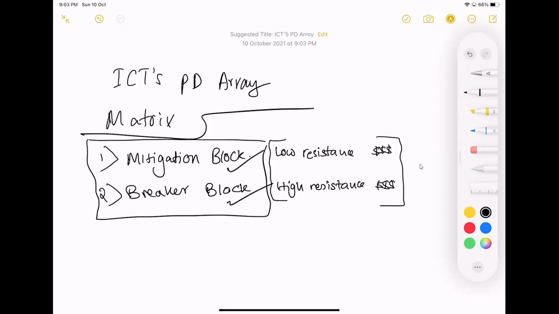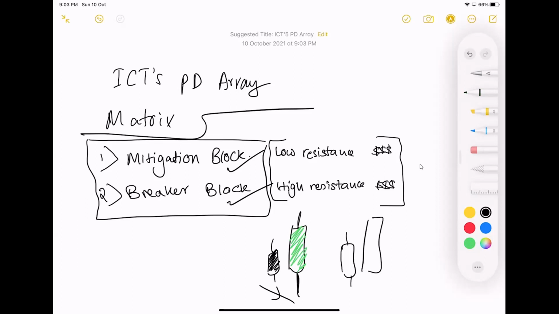What I'm saying is, it will either look like this: you have your down close here, and then you have your up close here, so you're going to have this with a high resistance signature, or you're going to have this over here with a low resistance signature in price.